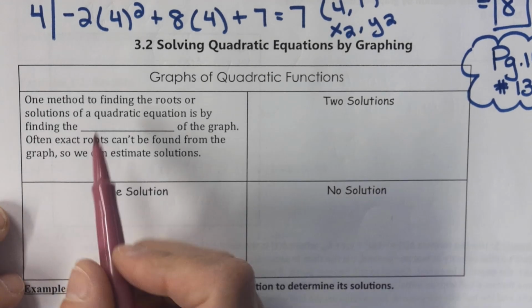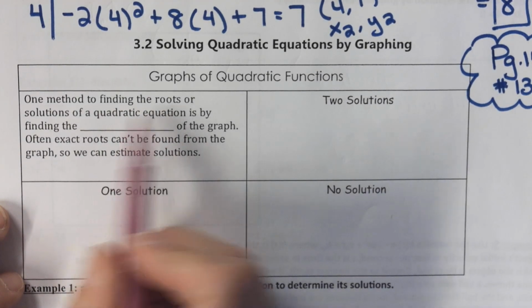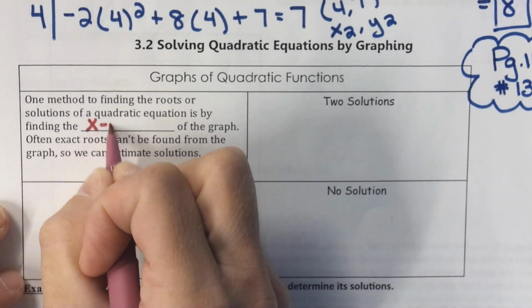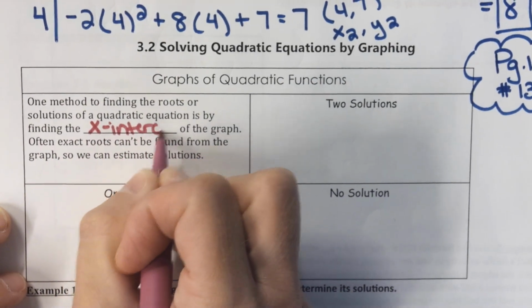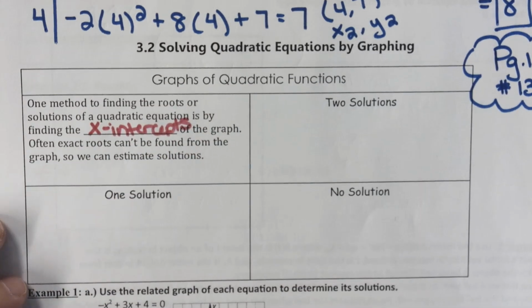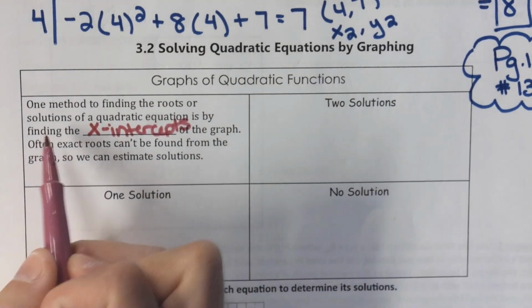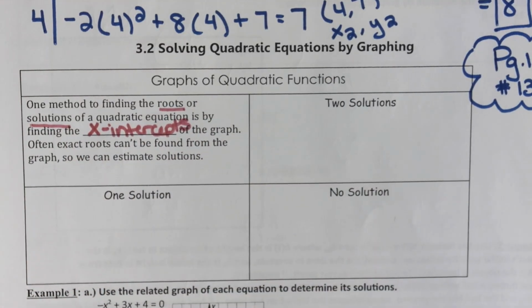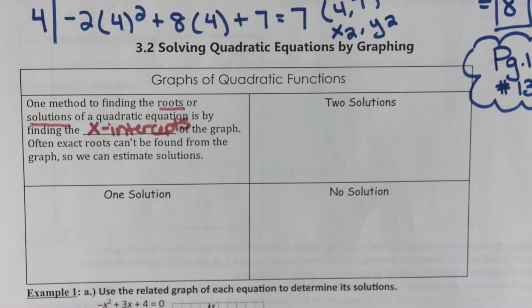All right, so one method to finding the roots or solutions of a quadratic equation is by finding the x-intercepts. Sometimes we call our answers solutions, sometimes we call them roots. So just beware that both of those words mean the same thing. They're synonyms with each other.